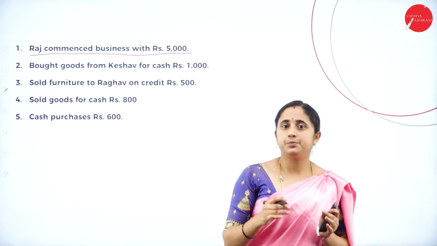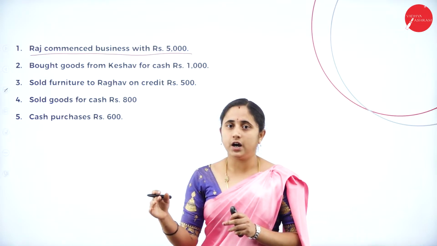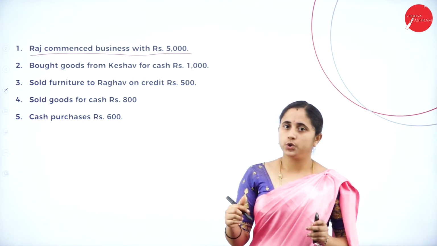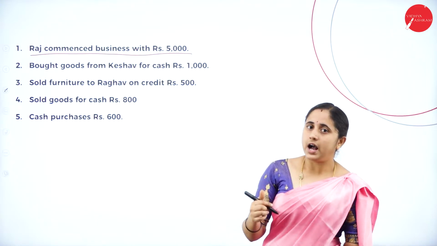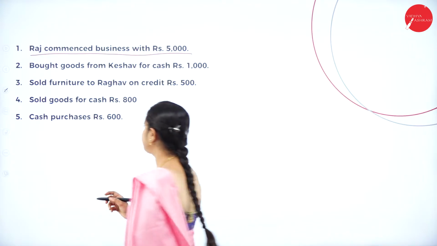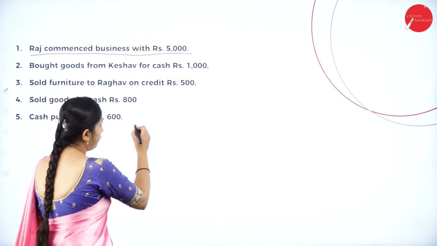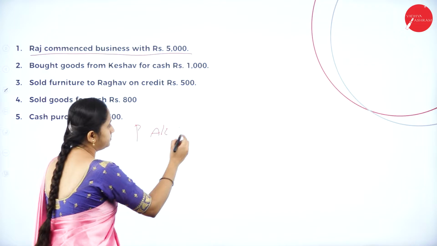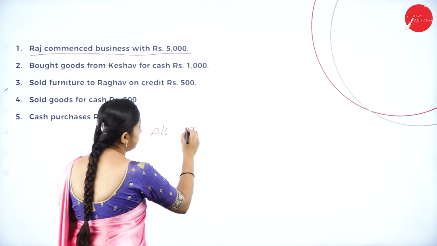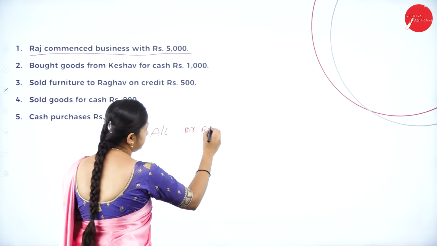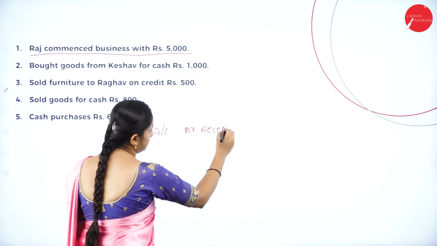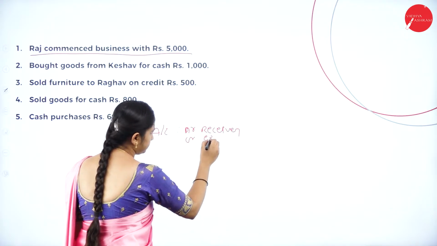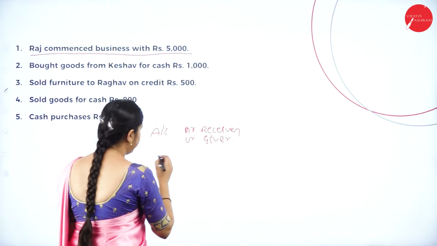You must be capable of classifying the accounts between personal, real and nominal, and you must know the golden rules of account. For personal account, debit the receiver, credit the giver.